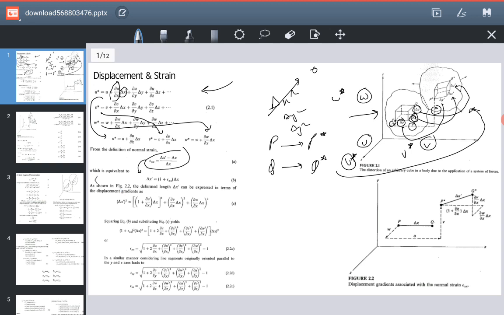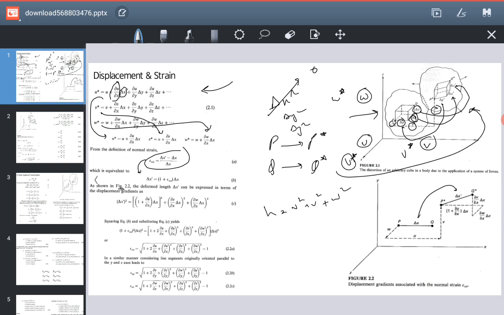If you see figure 2.2, initially we have PQ, and this changed to P star Q star, changing delta x to delta x dash. Okay. So we know that the hypotenuse will equal u square plus v square plus w square.